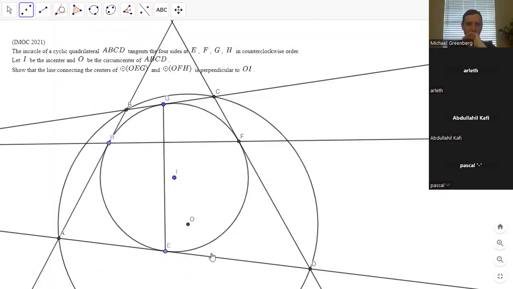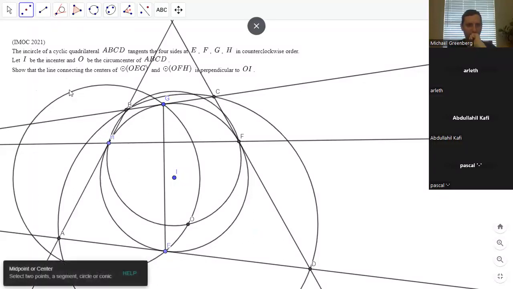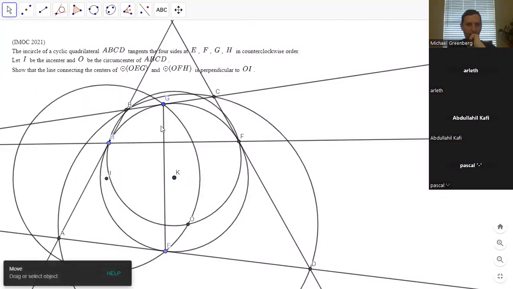And we draw OEG and OFH. That's interesting. Draw those two centers. And we want to show it's perpendicular to OI.